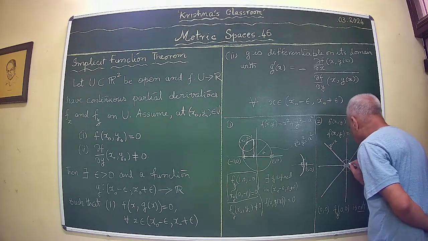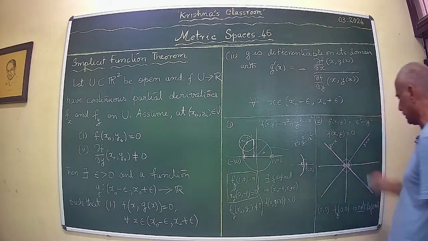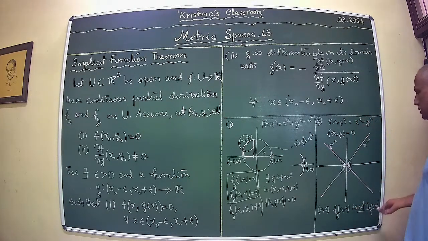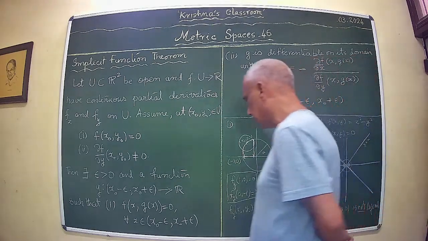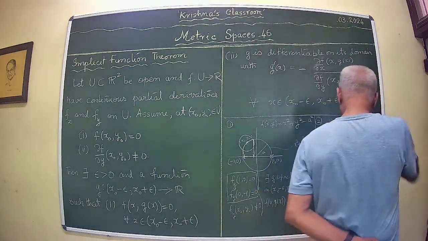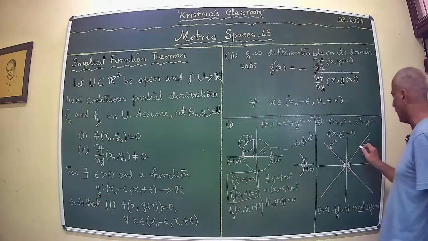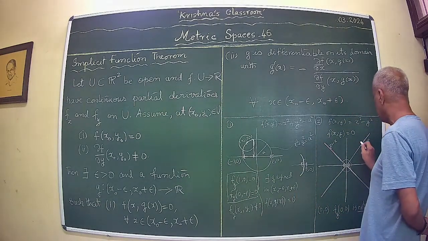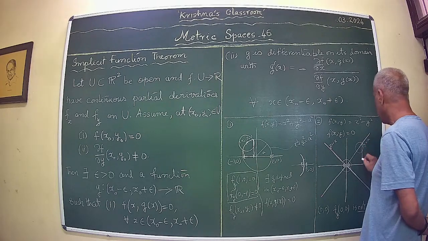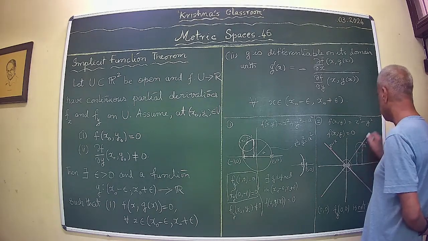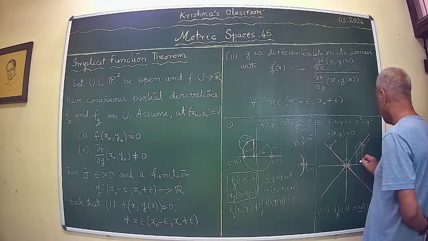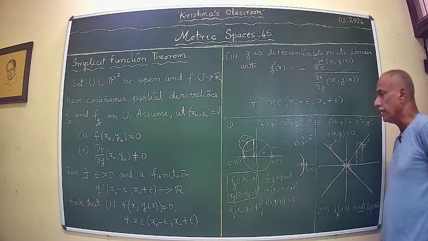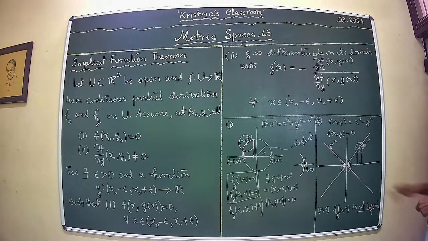Everywhere else two values are determined. And there the difficulty is that F_y is not defined. So if F_y is not defined or F_y is 0, such points do create problems. Anywhere else, you can find a neighborhood in which a portion of the curve intersected in this neighborhood can be expressed in the form y is equal to a function of x. Everywhere else it is possible. Okay, that is one remark.